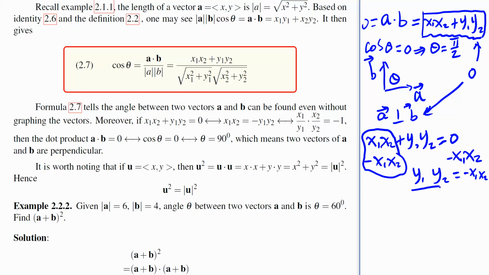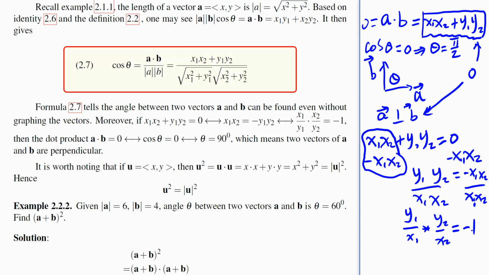And then you divide the same number on both sides. This is x1. Then what you get will be y1 over x1 times y2 over x2 is negative 1.